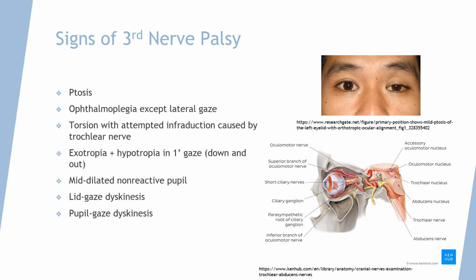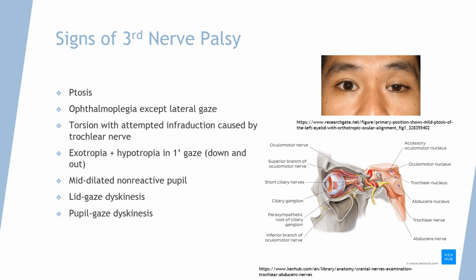That's why the lateral gaze is preserved, because this is controlled by cranial nerve 6. In primary gaze, where the patient is just looking straight ahead, exotropia and hypotropia may be demonstrated because these directions are powered by the lateral rectus and superior oblique, the muscles that are not innervated by the third nerve, and therefore they're the only ones not weakened.